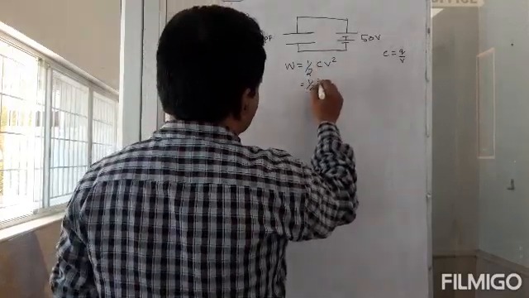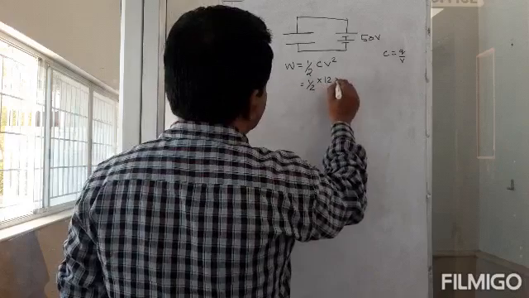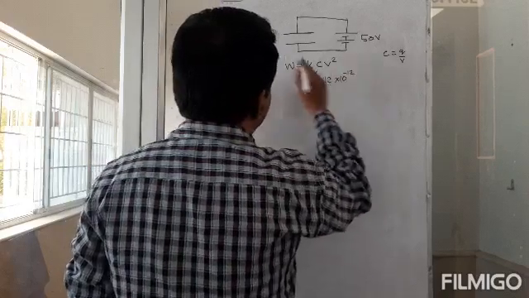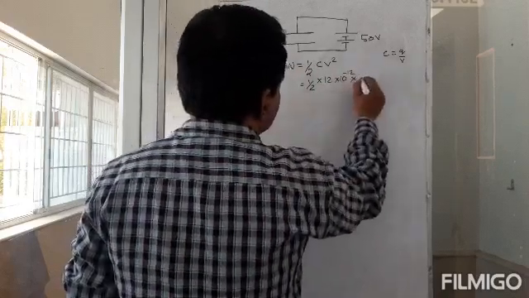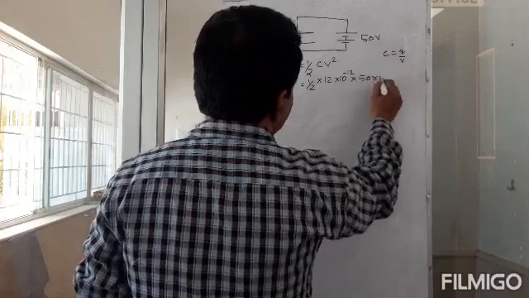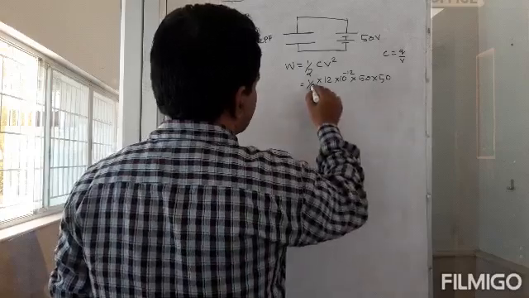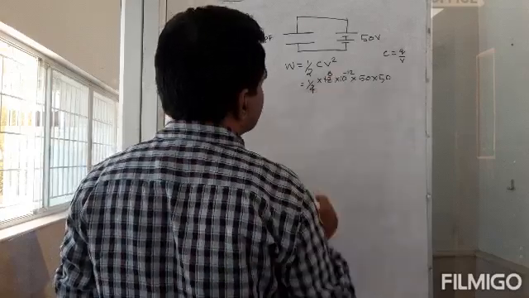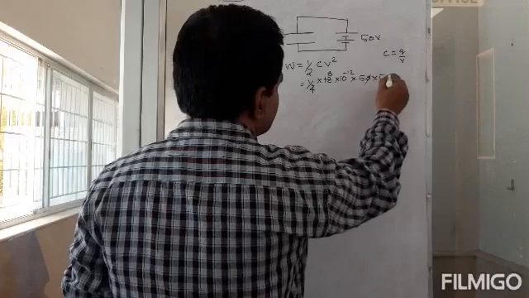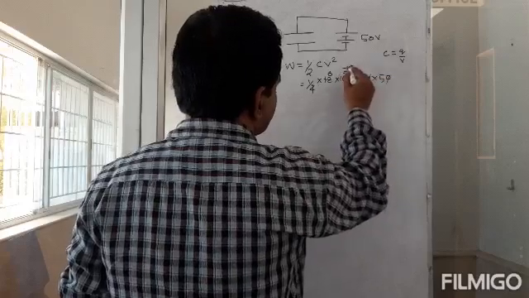But I can remember this, and if I take the values and substitute here, what am I going to get? Half into, what is C? That is 12 into 10 power minus 12 farad multiplied by 50 into 50. So this is going to be 6, and then this and this I'll take, and this will become minus 10, right?